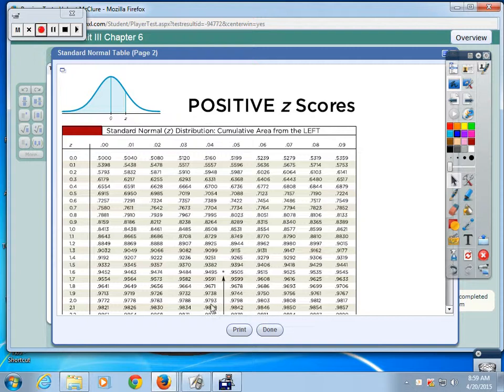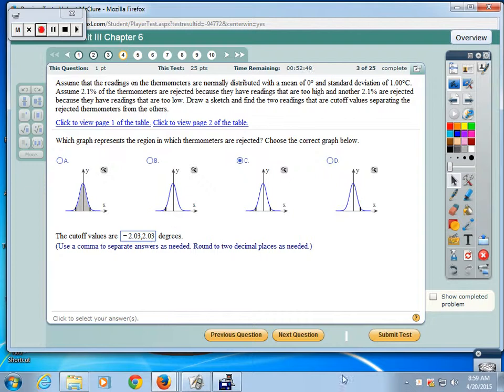What's closer? Let's see, 9793 or 9788? Which one's closer? 9788, that's right, class. So 2.03, so it's the same. And next question.